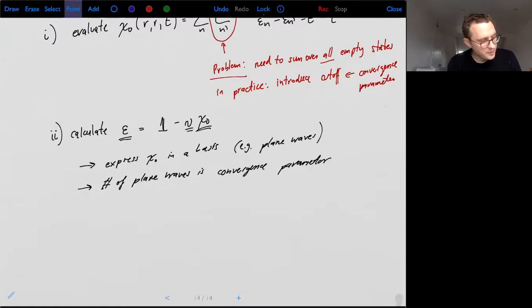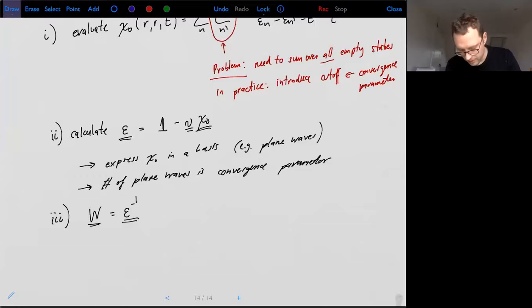Okay, so we've got epsilon, and then the last step is we need to construct the screened interaction, which is just the inverse of the epsilon matrix times the bare interaction. All right. But as we said, the screened interaction is a function of frequency.